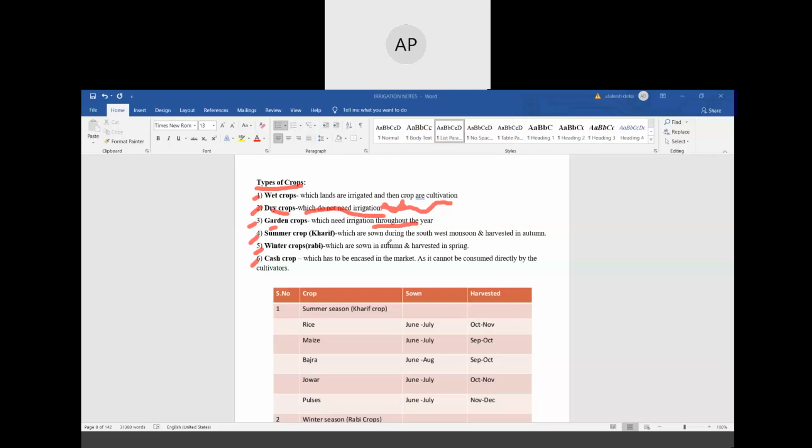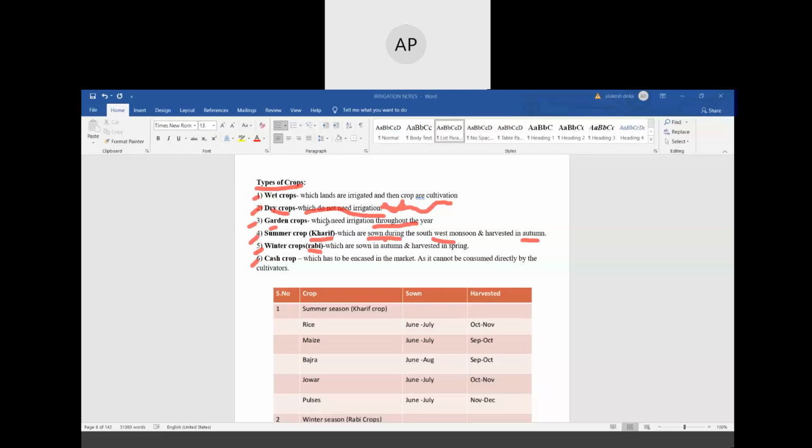Okay. And number two important types of crops are kharif and rabi. What are kharif crops? Those crops which are sown during the southwest monsoon and harvested in autumn season.